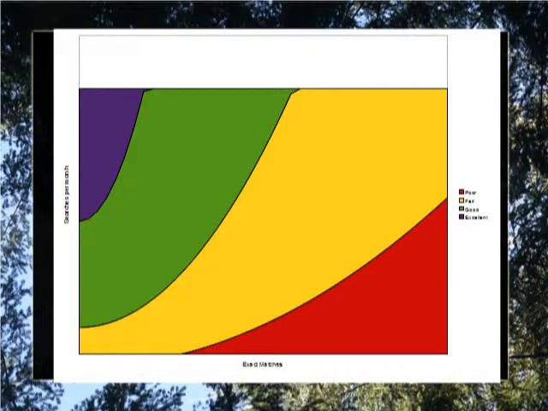The purple region in the upper left are the excellent keywords, a great many searches and few competing pages. The good keywords in green are like the excellent keywords, but they have fewer searches or more competition. The fair keywords are shown in yellow and the poor keywords in red.